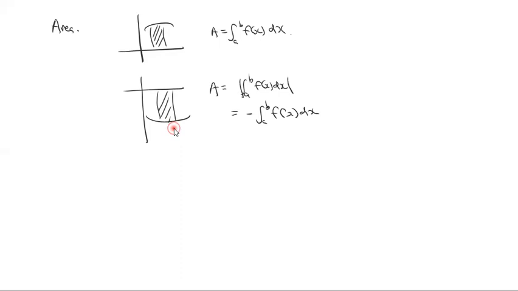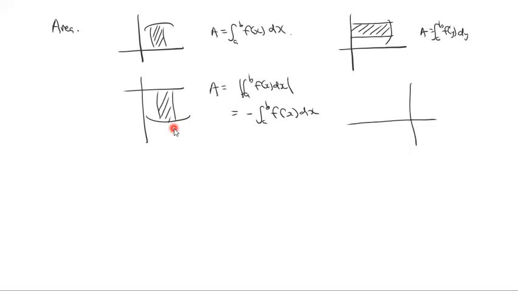Makes sense? Of course, the analogous versions are, if it's to the right, then area equals the integral from a to b of f of y dy. And if it's to the left, then the area must equal the absolute value of the integral from a to b of f of y dy, which must equal the negative of the integral from a to b of f of y dy.